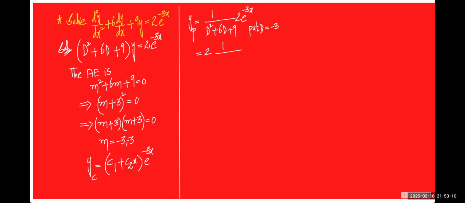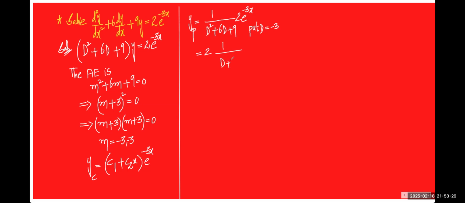If you plug in minus 3 here, minus 3 whole square is 9, plus 9, 18. And in this, if you plug minus 3, your denominator value will be 0, which is also called the case of failure.